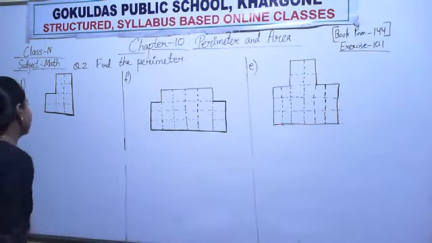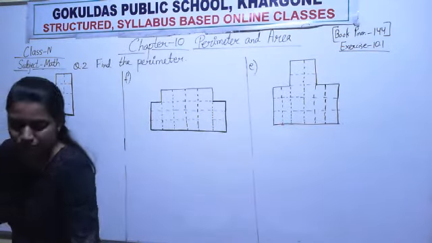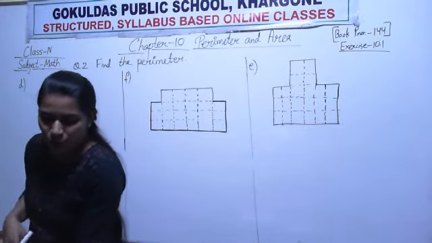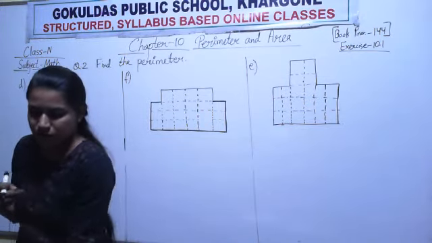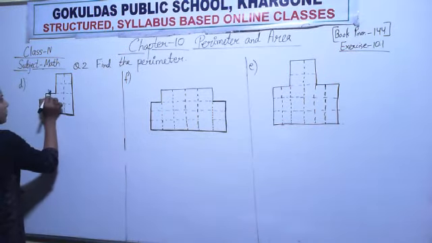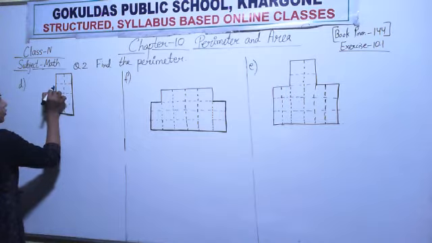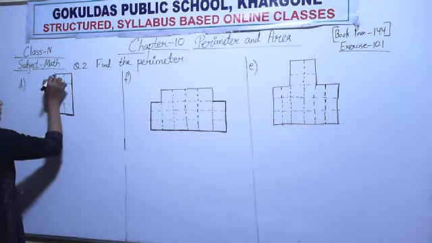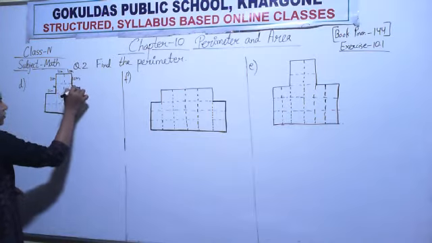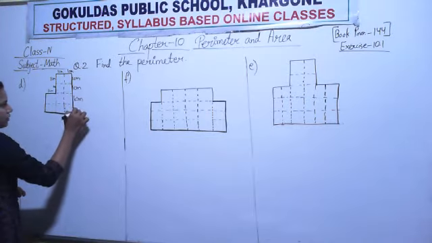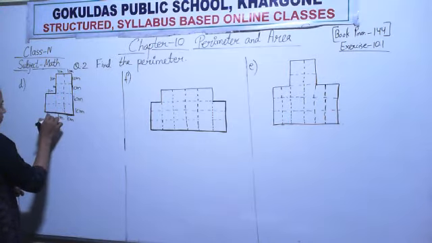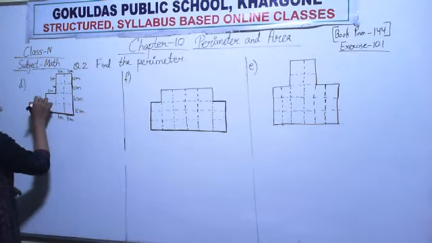As you know that each small square has each side of 1 centimeter. So let us count very fast. It is 1 centimeter, 1 centimeter, 1 centimeter, 1 centimeter, this side 1 centimeter, 1 centimeter, 1 centimeter, 1 centimeter, 1 centimeter.